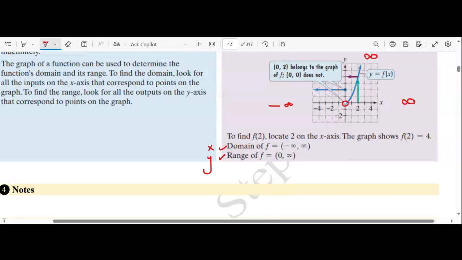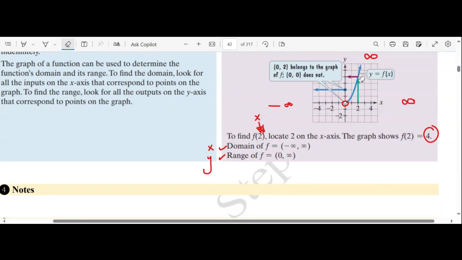Let's see. X is 2 here, right? You go up here. So how much is y? 1, 2, 3, 4. How much is y? 4. Is this clear?